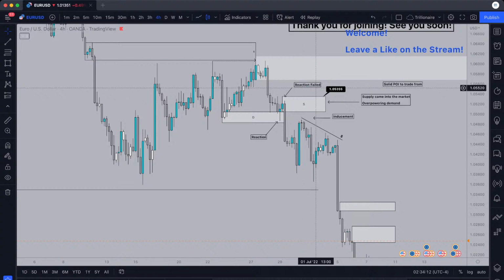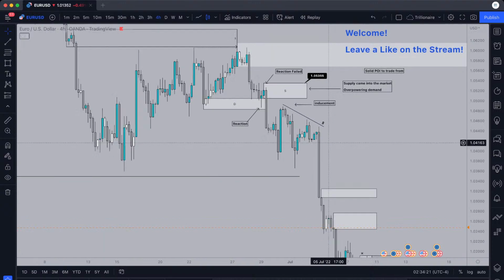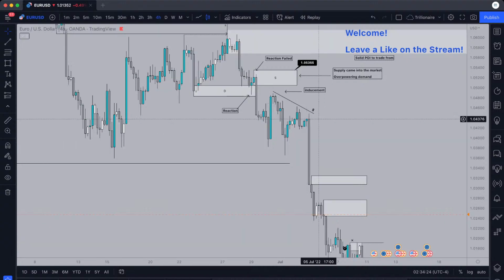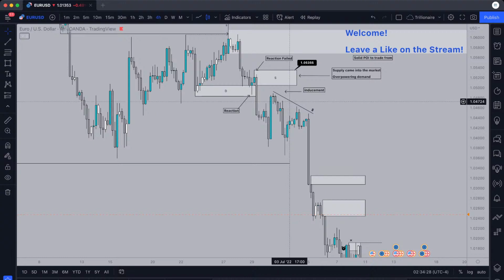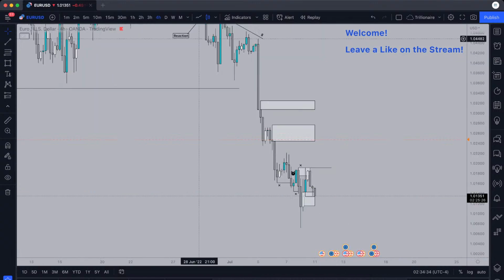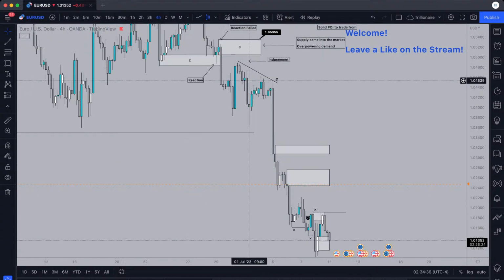And our target was right down here, like literally this low here. And that produced us 25%, right? Just based on how we take entries and things like that. Hopefully this entire area gets used as inducement, so we'll have to wait and see what happens. But that's what you get. Those are the types of trades that you guys can expect, and that was based off of the H4 time frame with the H4 POI.